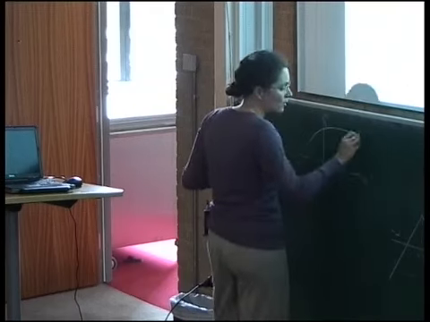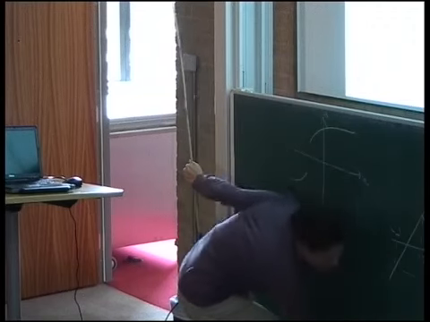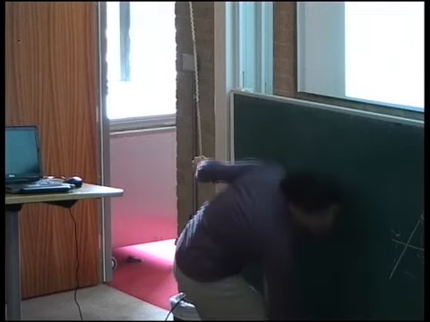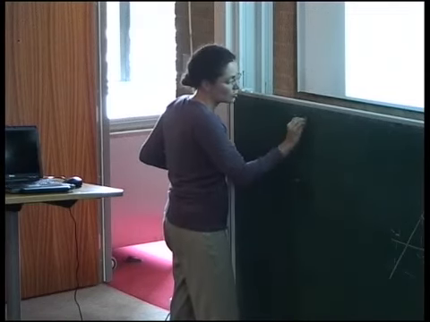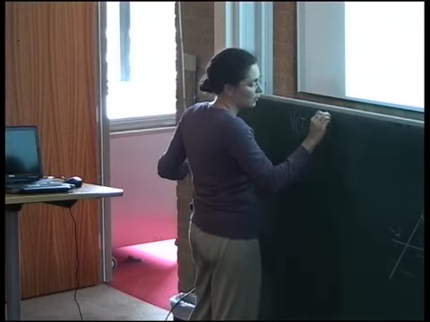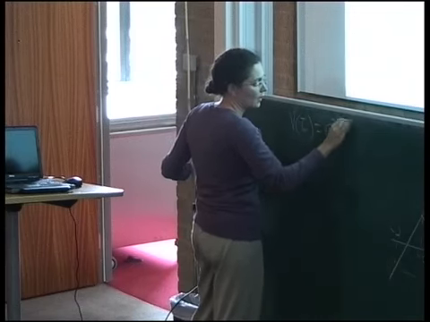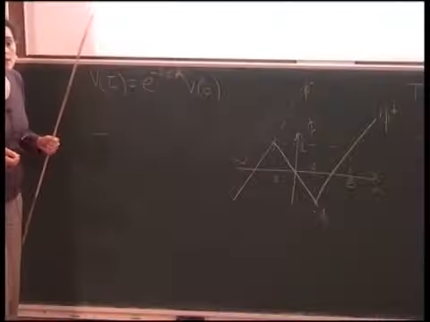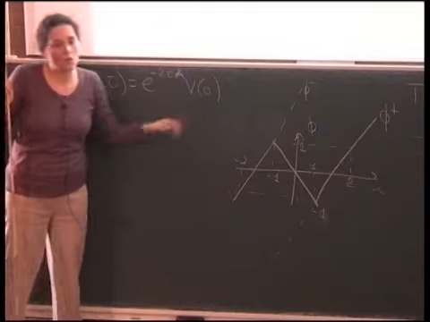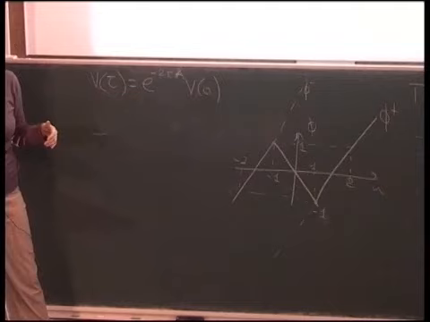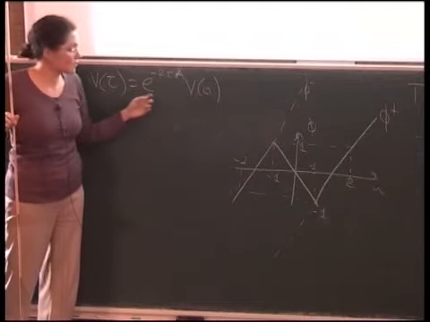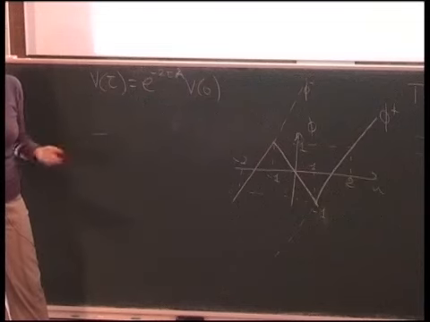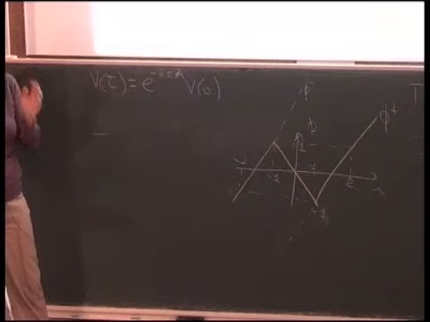Writing the solution, it is simply exponential of minus 2 tau A times V of 0. And if V of 0 is between minus 1 and 1, then the exponential won't change anything. So the structure is completely preserved and the interface will not move.